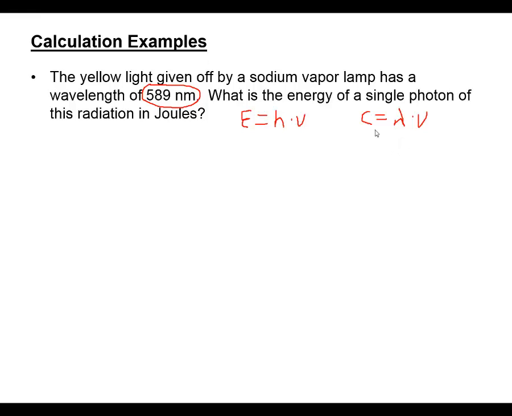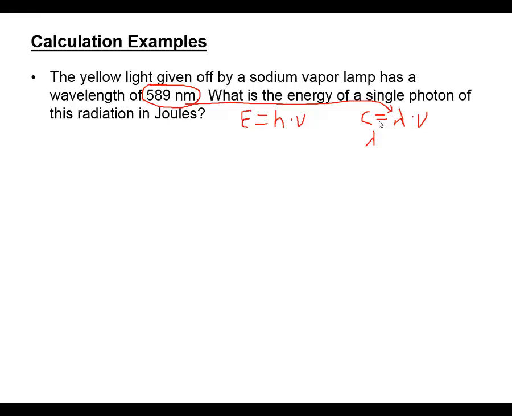I could plug my wavelength into this equation along with the speed of electromagnetic radiation and solve for frequency, and then put the frequency in the energy equation, or I could algebraically substitute for frequency by using the two equations. So let's substitute for frequency to relate to wavelength.